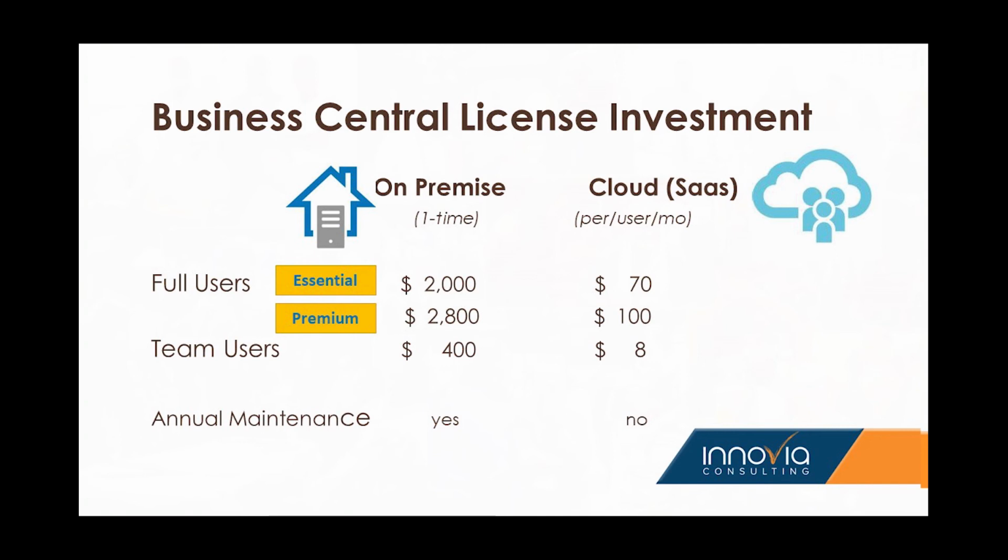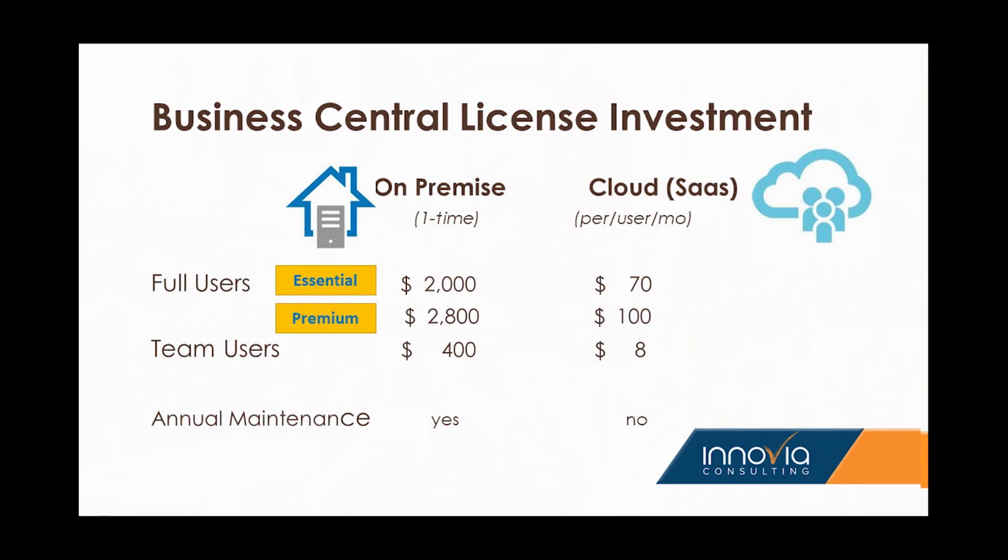The cloud version allows you to subscribe to the number of users that you need, and you pay a fee per user per month. As we had noted before, there are two types of full users in Business Central. We have the Essential. If you were going to purchase, that would be $2,000 one-time fee. And if you're subscribing to the cloud, that would be $45.